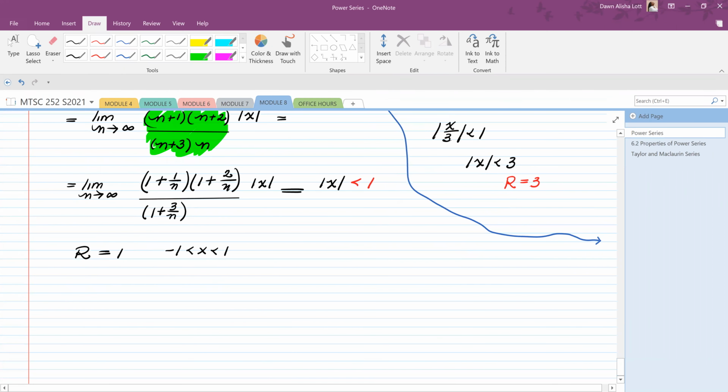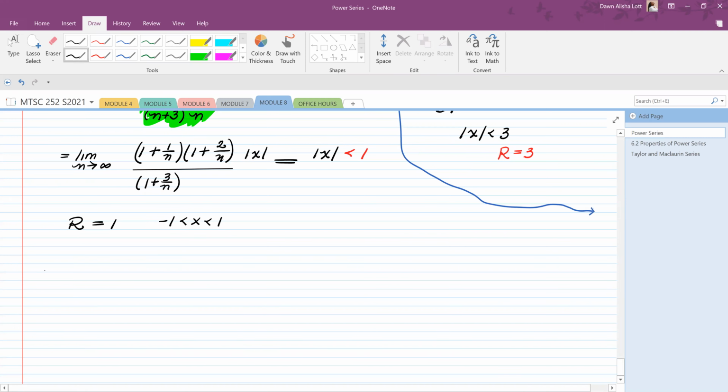So now I need to check the endpoints. Because if you remember the ratio test, when rho is actually equal to 1, it's inconclusive. So it doesn't tell me anything. So I still have to find it.